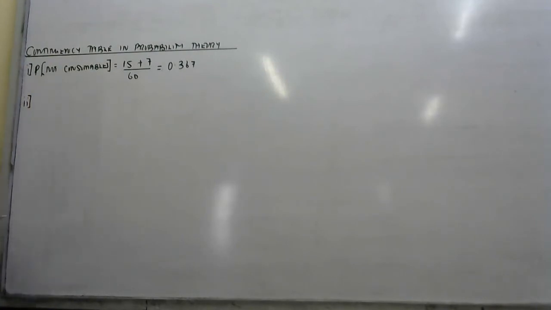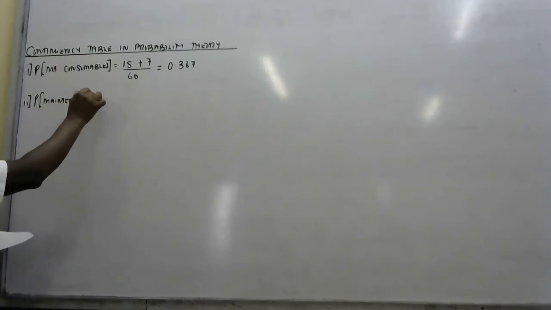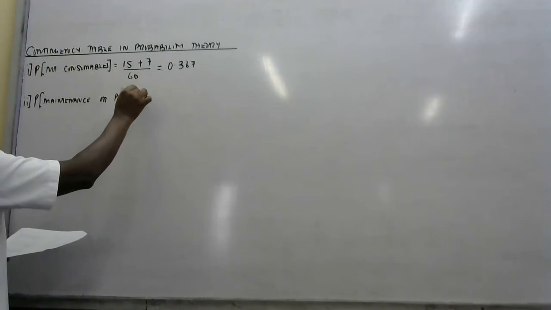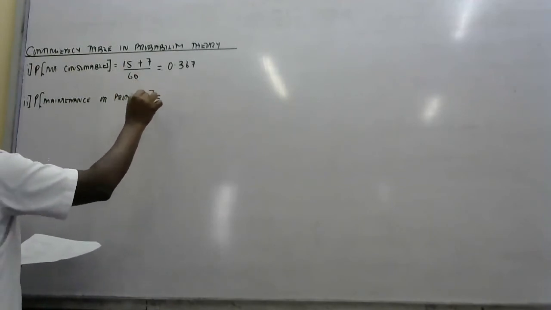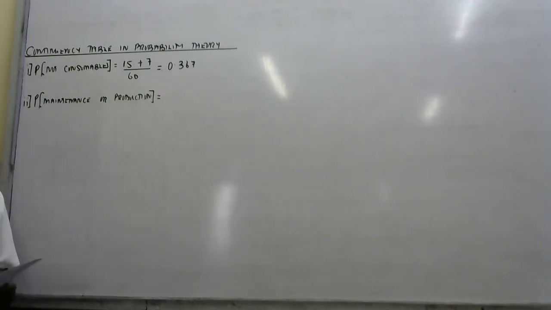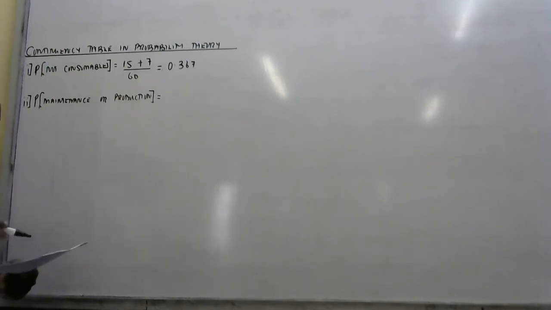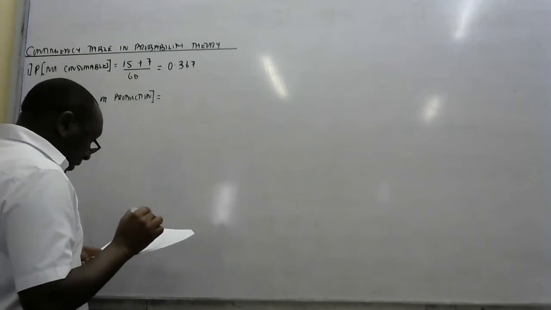Roman 2, determine the probability that the incorrect order came from maintenance or production. So the probability that it's from maintenance or production. You bring the total of maintenance.